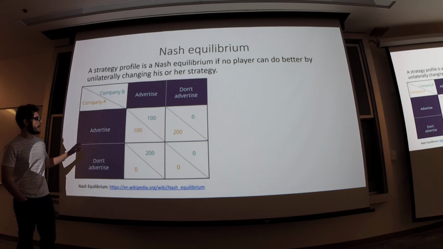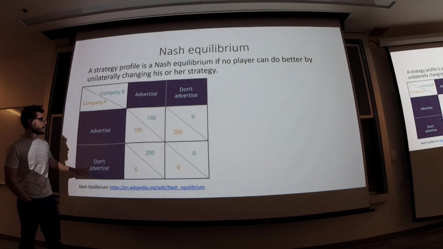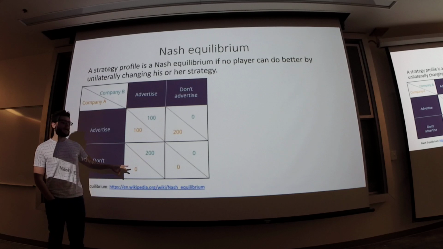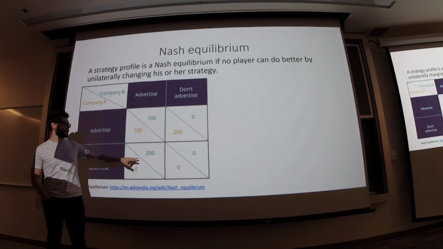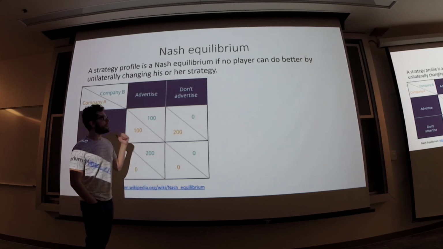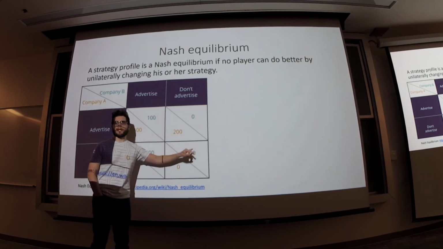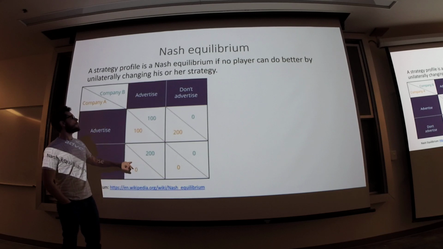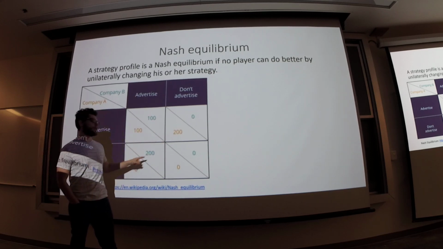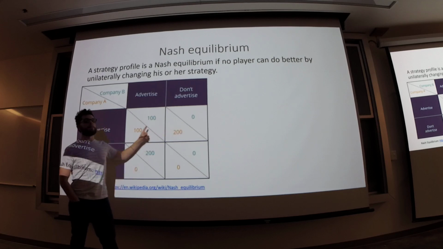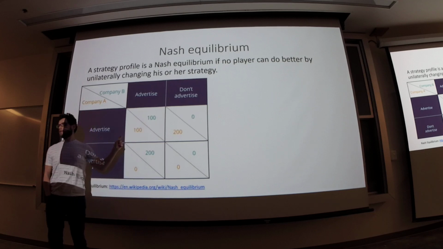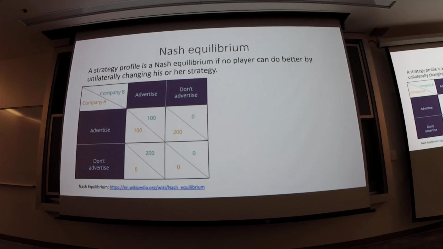If Company A does not advertise and Company B does advertise, Company A earns 0 while Company B earns 200. If neither of them advertises, both of them gain 0. Of course, if A advertises and B doesn't, the situation is reversed. If both of them advertise, they will both earn 100.